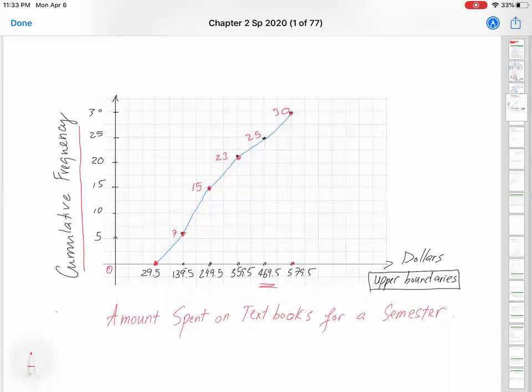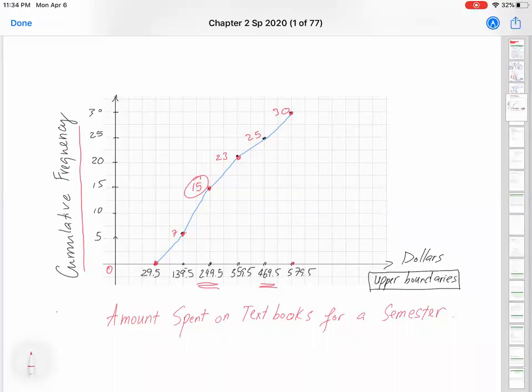Or you can say that around a half of my data set, which is 15 students, a half of the students in my survey, right, say that they spend a maximum of $250 on their textbooks per quarter.